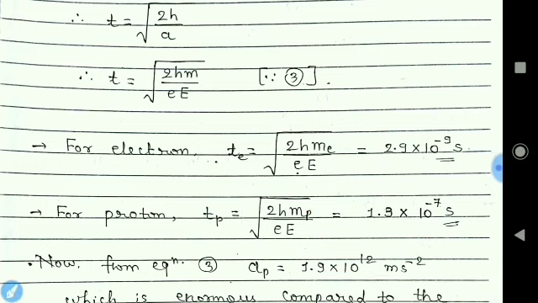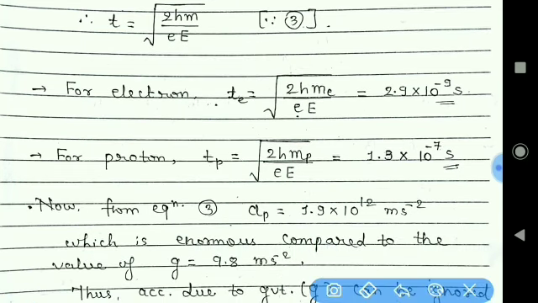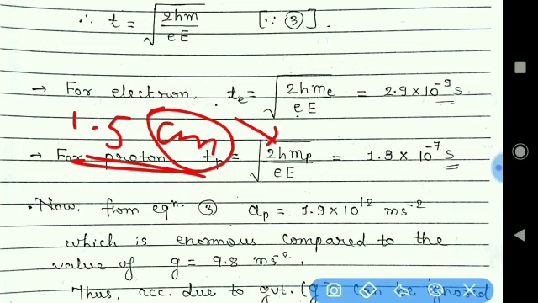Here you have to take care about one thing: when you put the values while calculating, you have to consider the SI system of units. Here the height h is given as 1.5 centimeter, so you have to convert this into meter, and you know how to convert it.